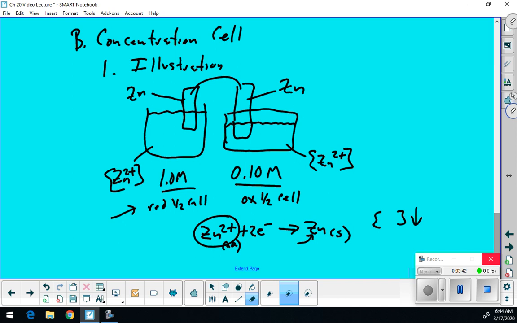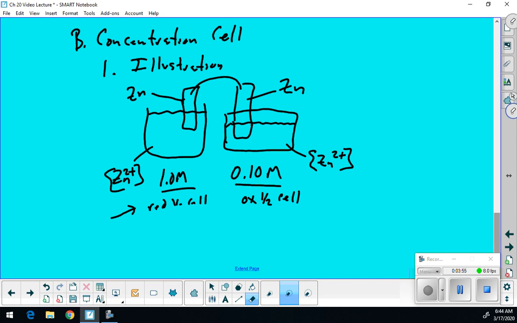And when I'm oxidizing right over here, this is the reaction that's occurring. Maybe I'll clean this up a bit. Let me clean that up with my magic finger. Yes, wow, beautiful. So this is my reduction half cell, meaning I'm going to take Zn 2 plus aqueous plus 2 electrons, and it's going to go to Zn solid.